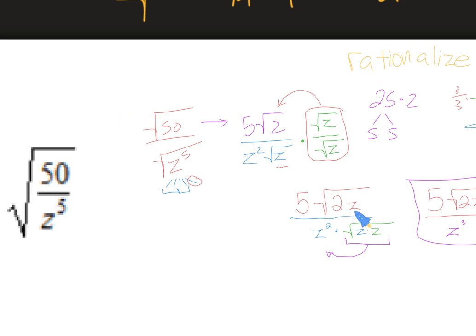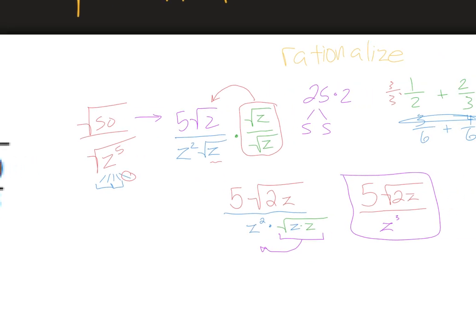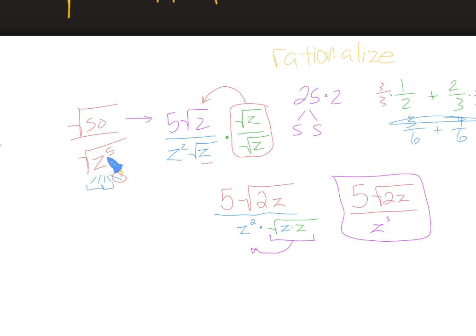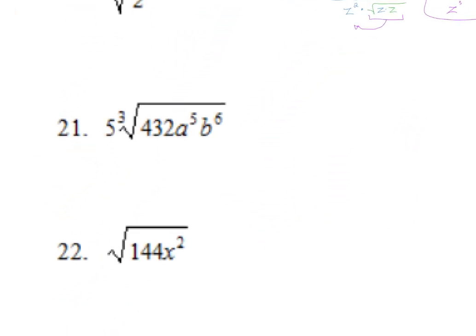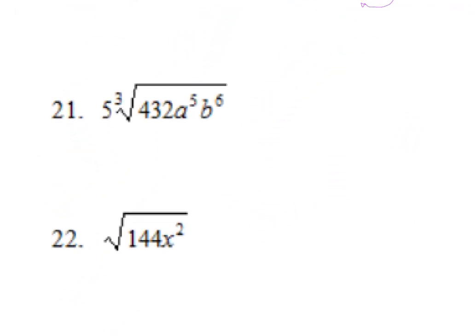And if you're like, well, we do have z's in the numerator, yes, that's true, but we would have had z squared up here. And I believe there would have been some canceling, so I say do some simplifying first, then rationalize. That's my story. You could try it your way if you want.